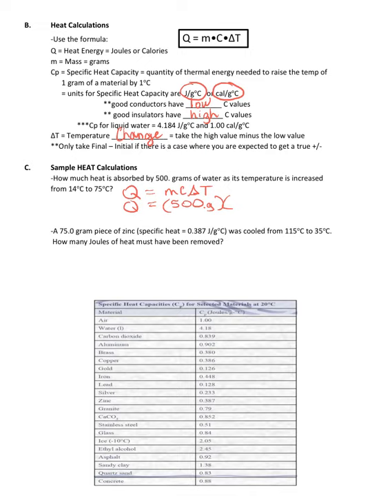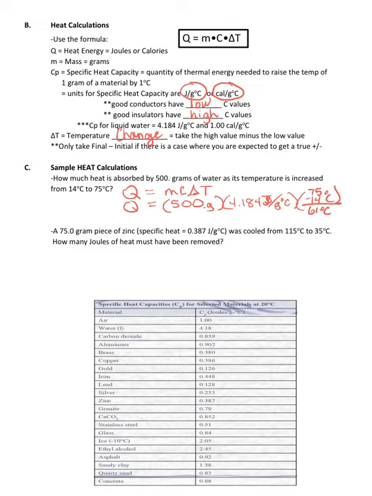C, well, water has a C value of 4.184 joules per gram degrees Celsius. And the temperature change is 75 minus 14 degrees Celsius.